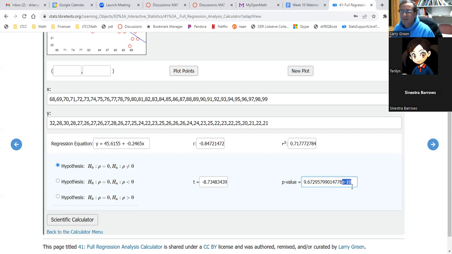So the p-value is actually 0.0000000000967, with nine zeros before the 9, because you move it over 10 places. Tiny, tiny, tiny p-value. Any questions on all of our results here before we start interpreting them?